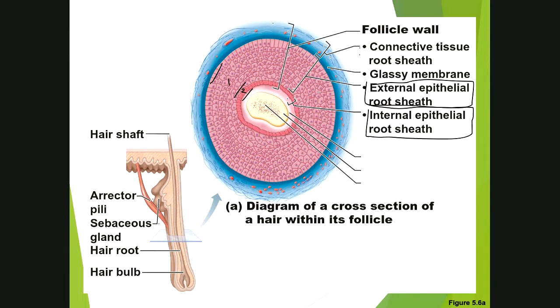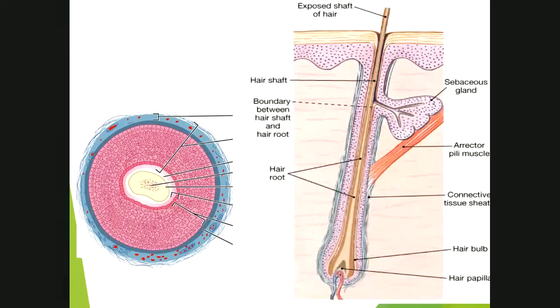And then our hair itself. So if we look at it here, you can see the same thing. There's the connective tissue sheath, there's the glassy membrane, external, internal, and then the hair.